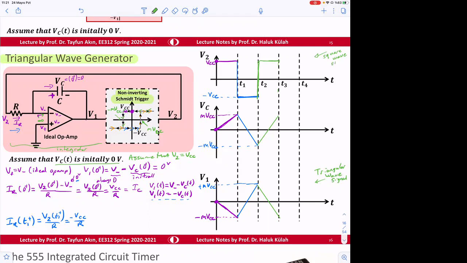Okay. So this is how we generate a triangular wave.